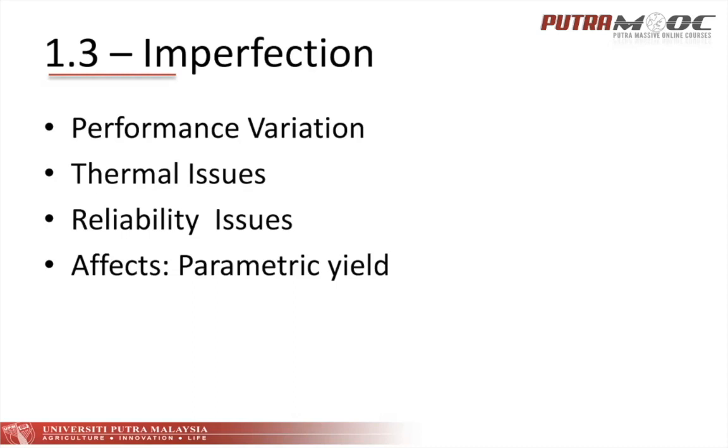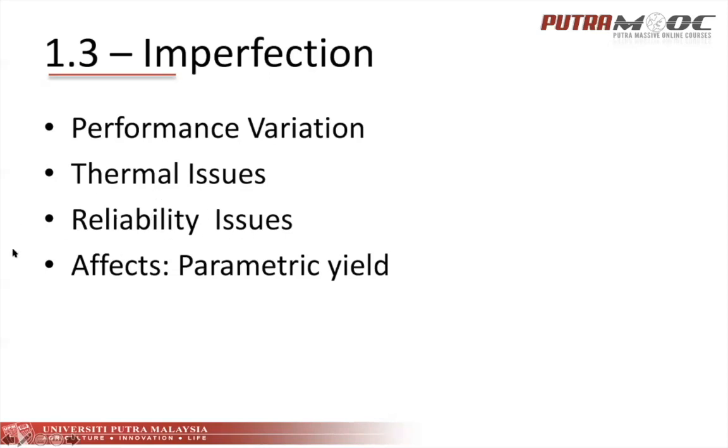So if you have too much nitrogen, it can induce negative bias temperature instability, and this NBTI will introduce threshold voltage variation, right? This is activated at high temperature. So if you have high temperature, this effect could be activated. So this can cause reliability issues as well.